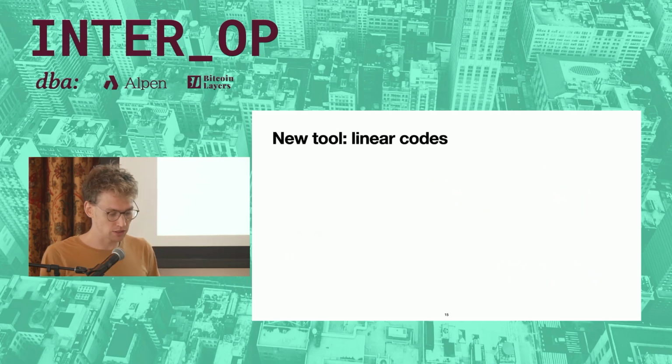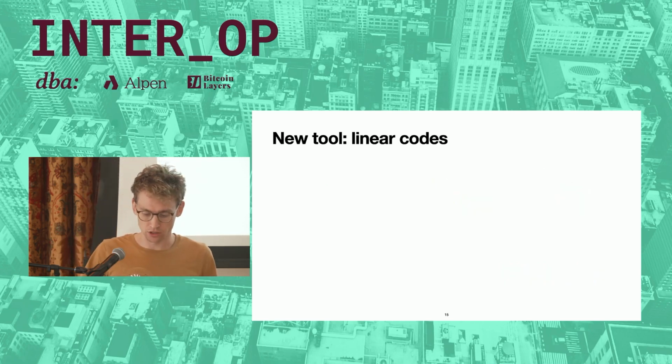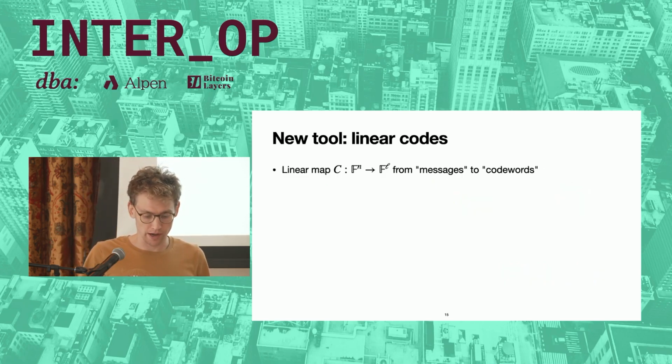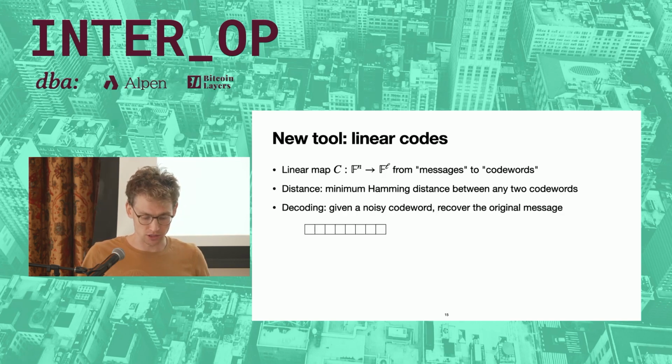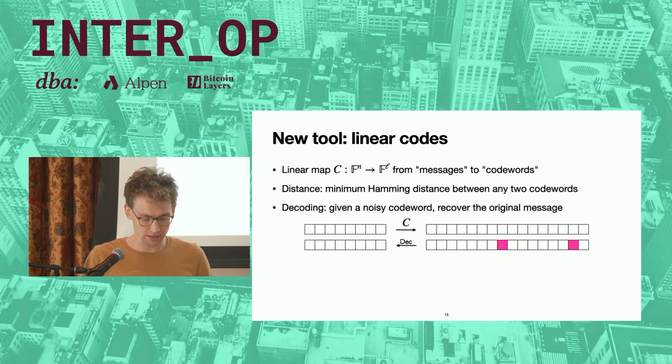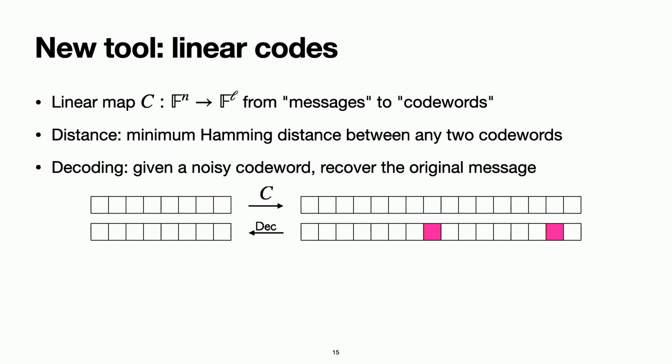So our idea was to use something called linear codes, or error-correcting codes, where we encode the messages. We make the message a little bit longer, such that even if there are errors in the message, you can still decode, even from a noisy code word, to the original message.